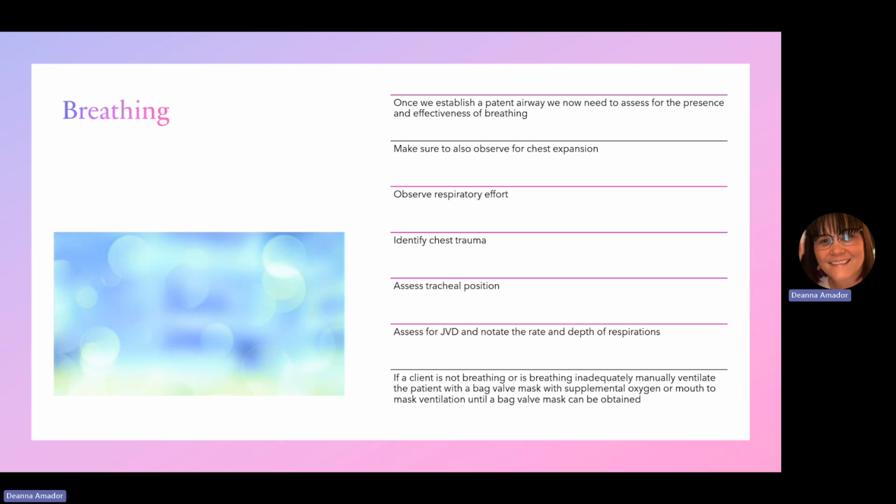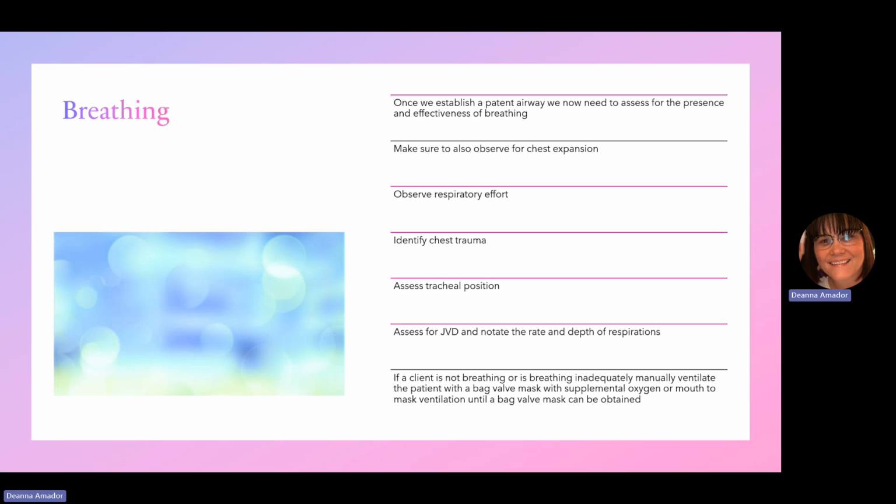So we're watching for respiratory effort, chest rise and fall. We're identifying if there's any chest trauma. We're making sure our trachea is midline. And then it goes on to say to assess for JVD and note the rate and depth of respirations.